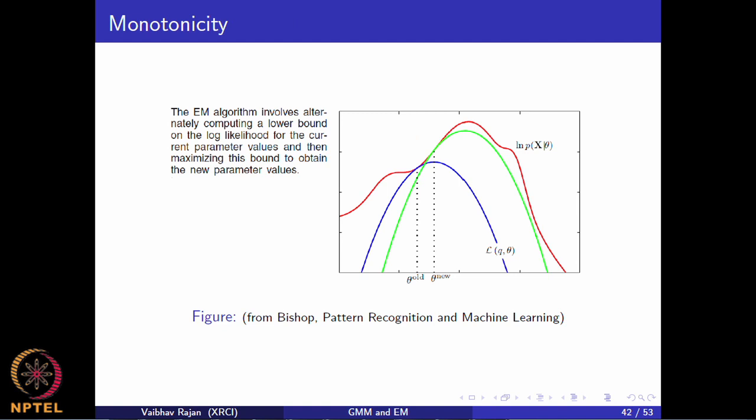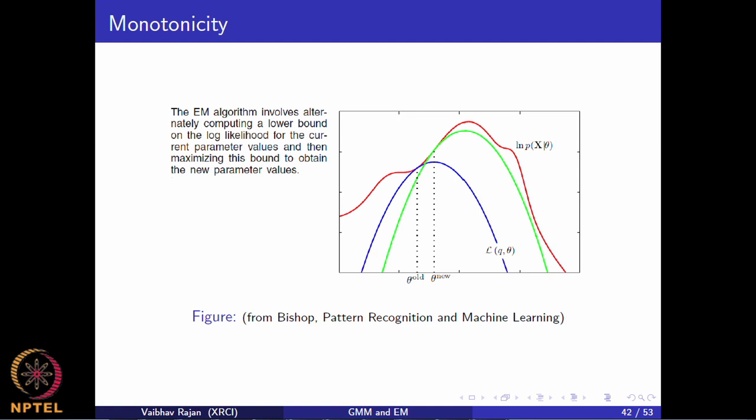To see that, see this picture. This is the current guessed value of theta. This red curve here is the actual data log likelihood with the original parameters that you don't know. What the E step has ensured is that you get a lower bound using the Q function that we had.